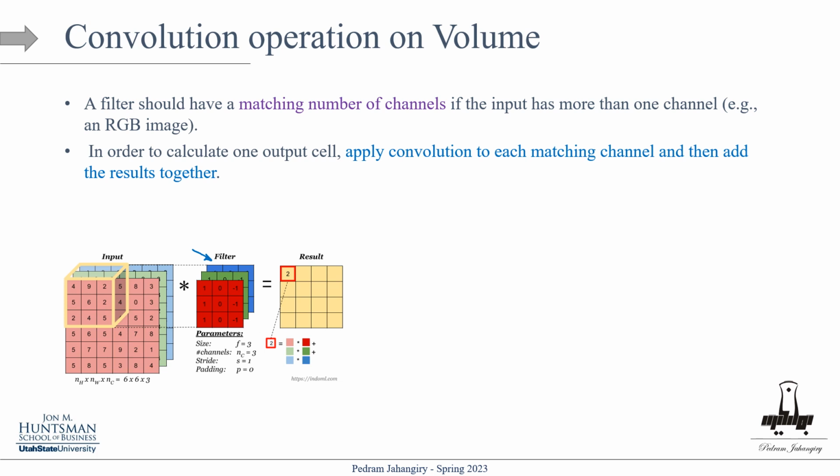So in order to calculate the output cell, basically your feature map, we're going to apply this convolutional operation to each of these matching channels and then simply add up the results. So let's look at the numbers here. Here you have one 3x3 filter. There's only one filter here, but this is the first channel of the filter, if you wish. We're going to multiply it by these 3x3 numbers, and then we're going to repeat this process for the other channels as well.